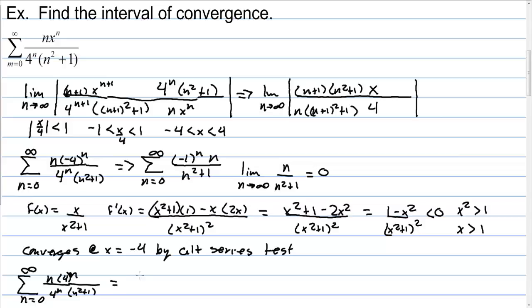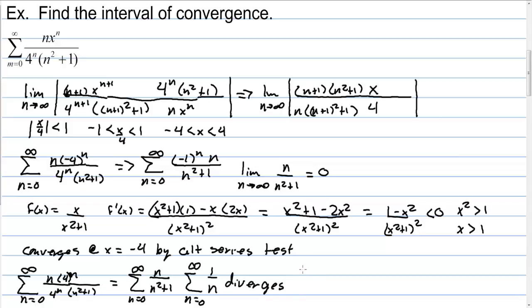And that's going to equal the series as n goes from 0 to infinity of, these are going to cancel out to be 1, so we have n over n squared plus 1. Let's compare this to the sum as n goes from 0 to infinity of 1 over n. And this diverges. This is the harmonic series.